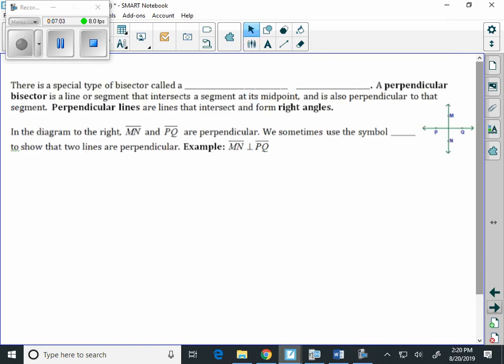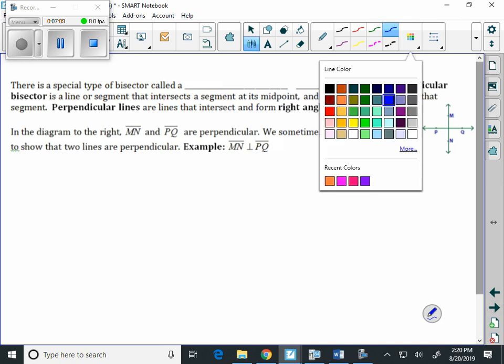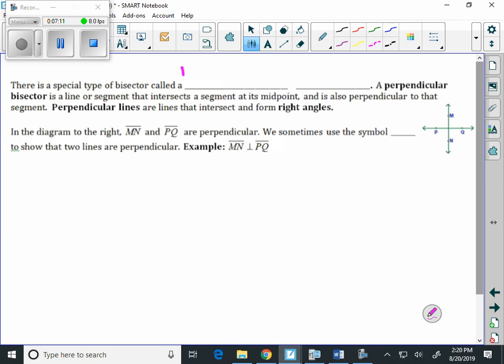Special type of bisector called a perpendicular bisector, which is in bold in the next sentence.